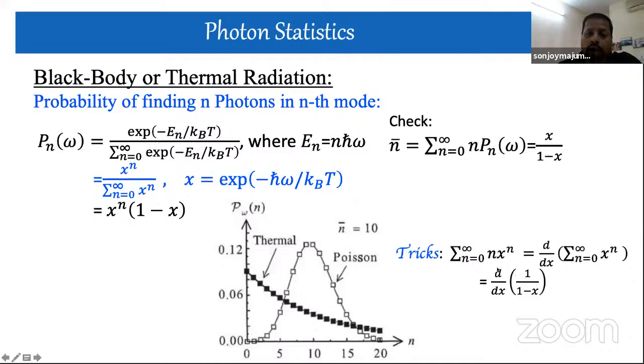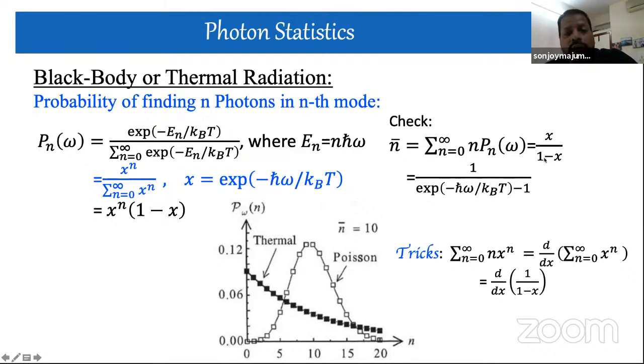So you can do the differentiation easily and find this expression, because in the denominator you will have 1 minus x squared after the derivative, which will cancel the 1 minus x outside, and ultimately you will get x upon 1 minus x.